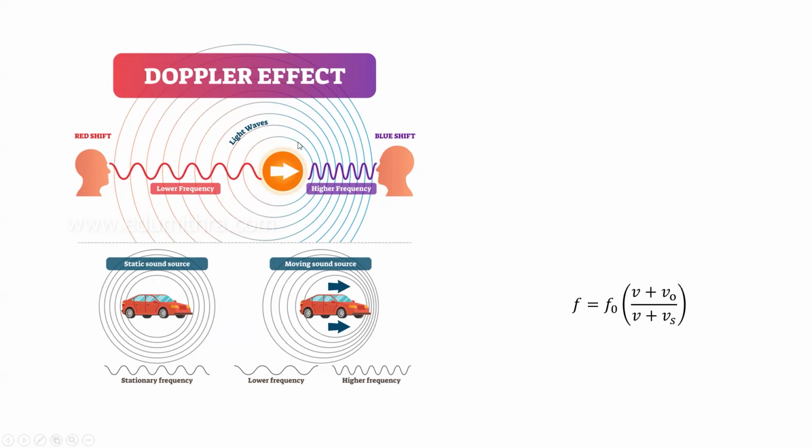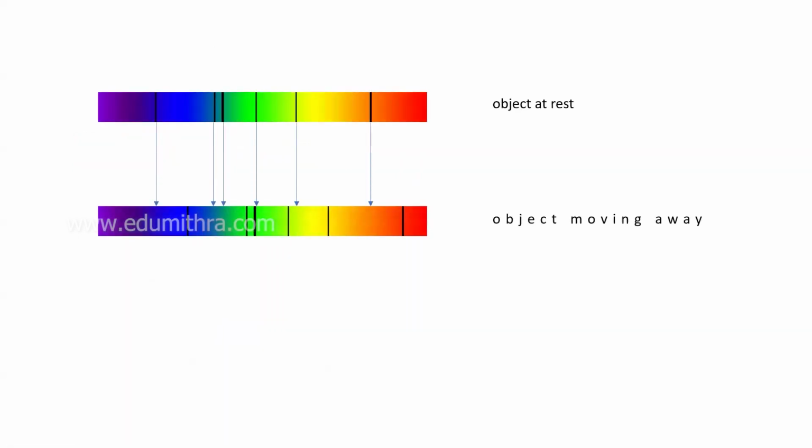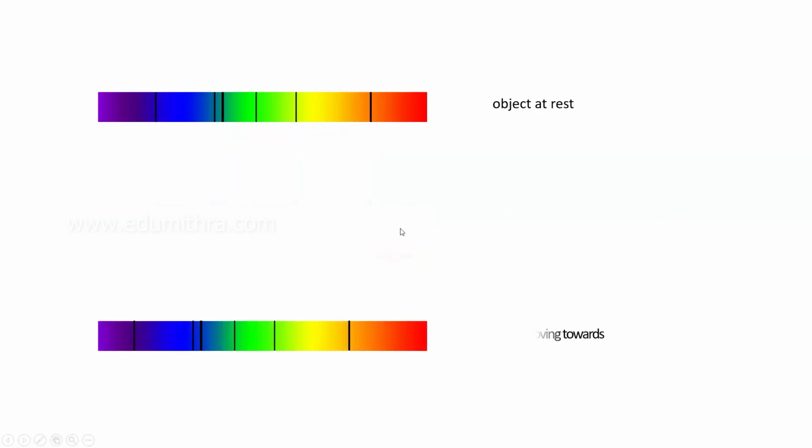Now the same thing applies to light as well, because light is also a wave. In the case of light, when the light emitting object is traveling away from us, those dark lines will be shifted towards the red side, and when that object is moving towards us, those lines will be shifted towards the blue side.